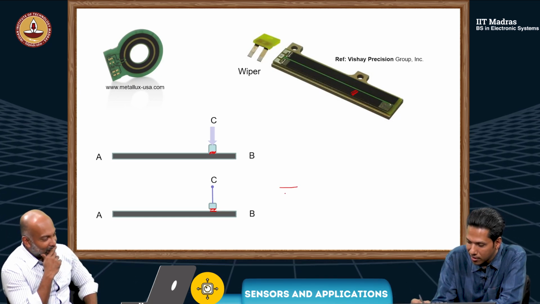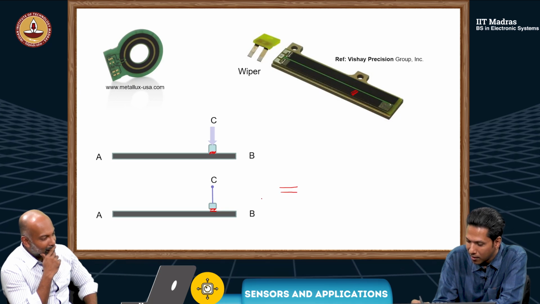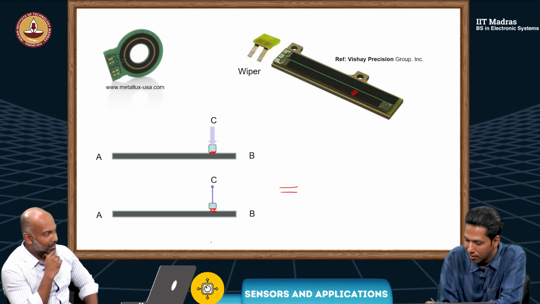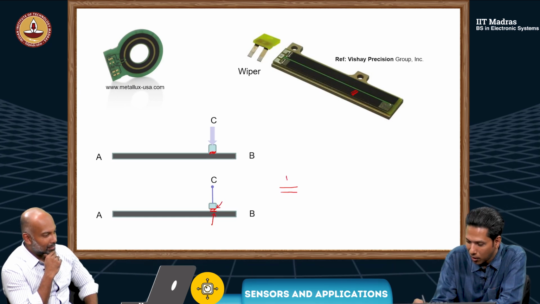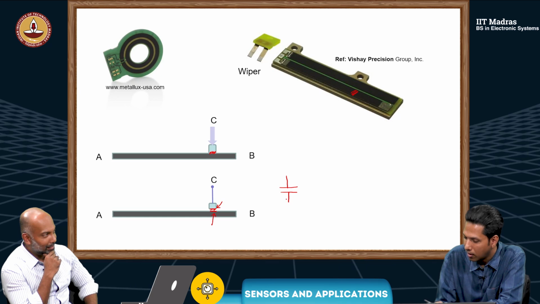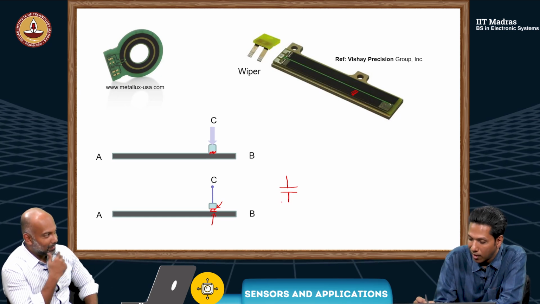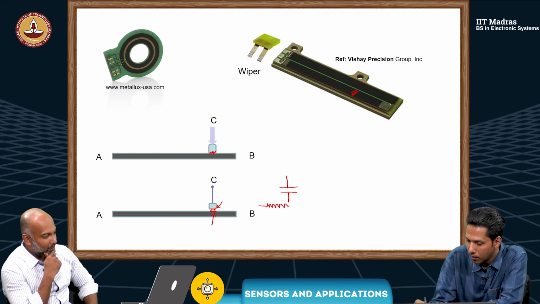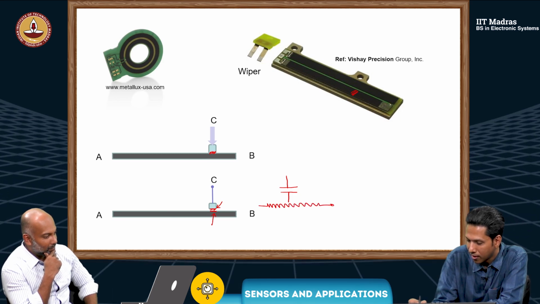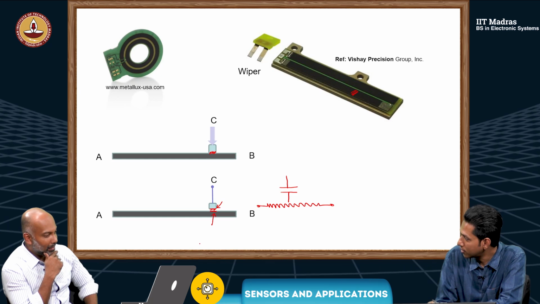So what you're saying is you have two electrodes like this, one is this, the other one is this, and then you have two contacts. The RAB here is like a resistive element like this.